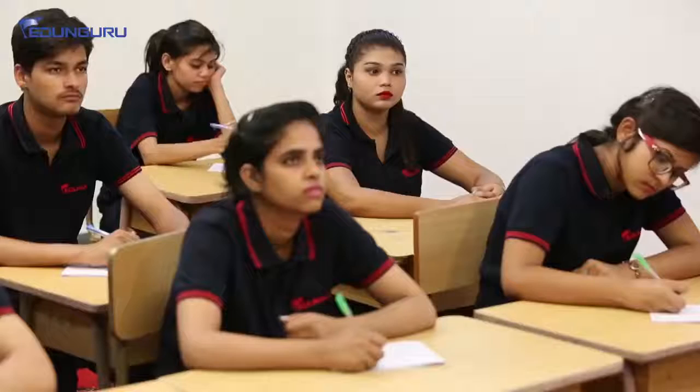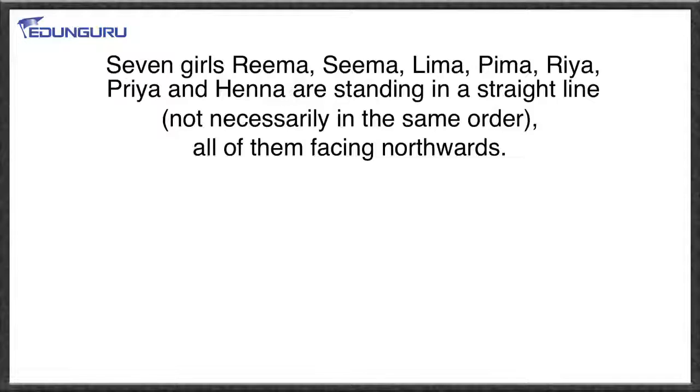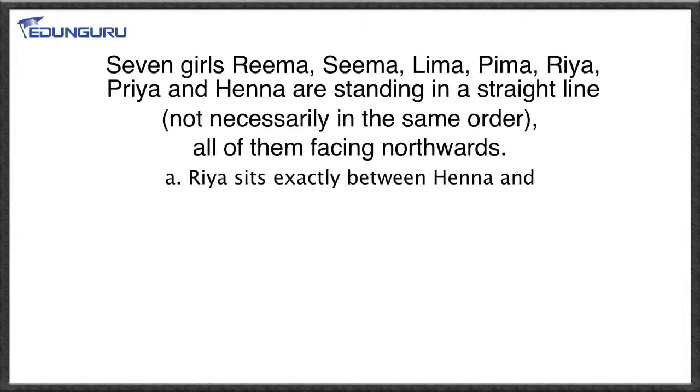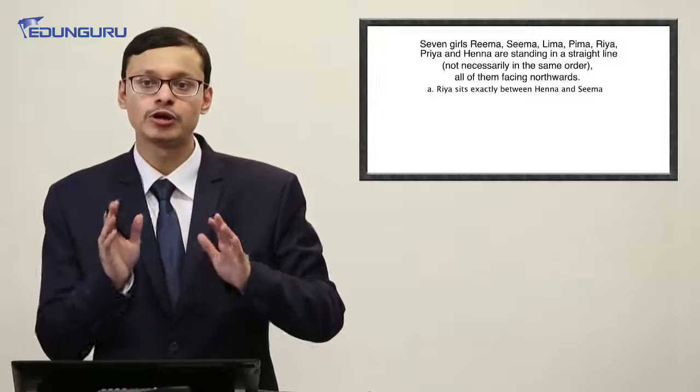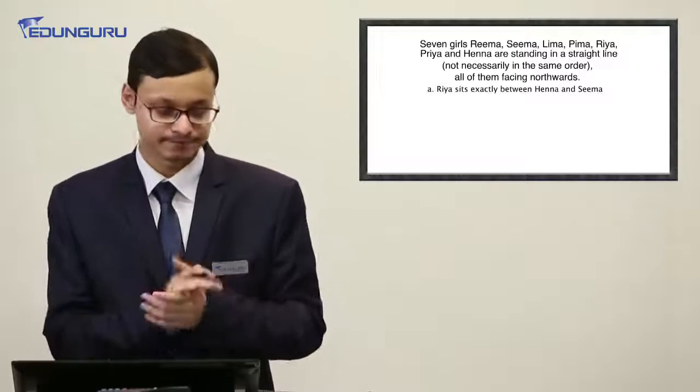Okay, so let us try and see what the arrangement will be like and what the answers to the 4 questions will be. Starting with the arrangement from left to right. The first clue says Ria sits exactly between Henna and Seema. However, we do not know where the 3 of them sit, even though we know that they are sitting in between each other.